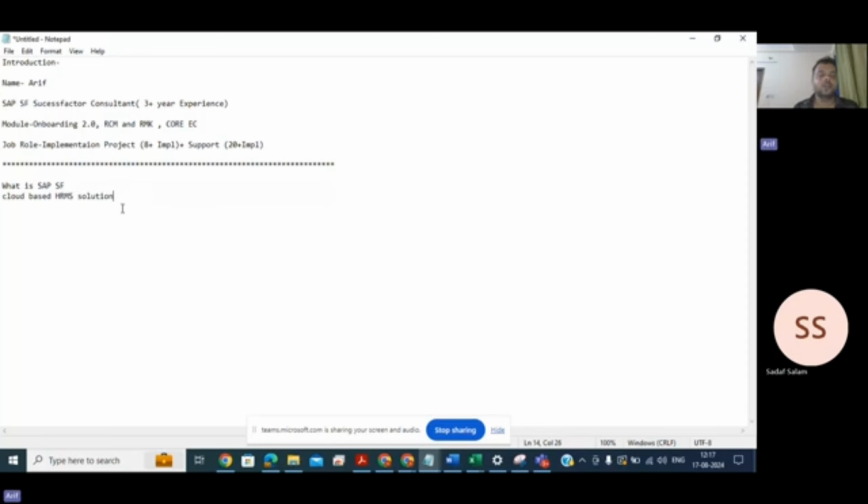Whatever current and advanced HRMS policies industries follow, all the solutions are curated in SuccessFactors, right from hire to retire of any employee. Let's suppose you're starting a journey in a company. You apply for a job on the career website and get shortlisted.